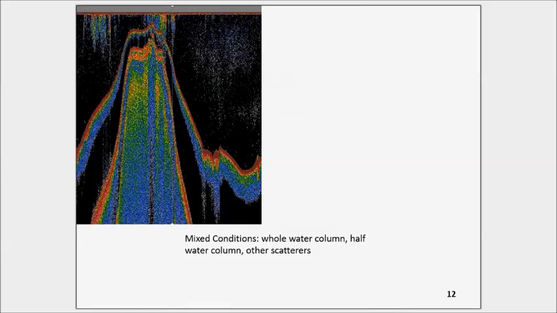So if we advance the slide again to what is officially number 12, here's an example with mixed conditions, and this was in a mobile survey going over the lip of a sill, where on the left side of the sill you can see kind of a partial or medium intensity turbulent feature about halfway through the water column. More to the middle of the echogram, a stronger one extending right down, intersecting with the bottom. And then to the right, an amorphous cloud of individual targets so that you can see other scatterers in the water column.